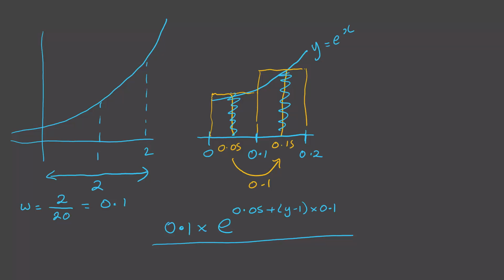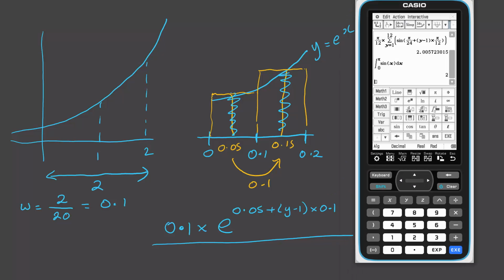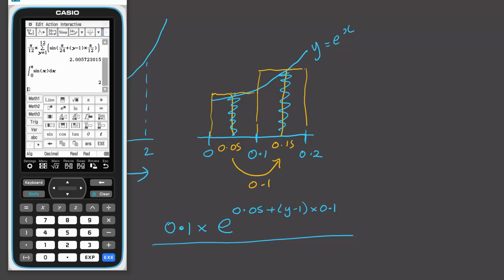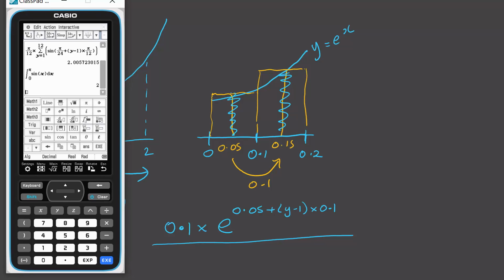Okay, so let's put that into the ClassPad and see what we get. We're going to start off with 0.1, that's the width, multiplied by the sum of the heights. So I'm going to use y as my running number. So y equals 1, this time up to 20 because we're doing 20 rectangles.